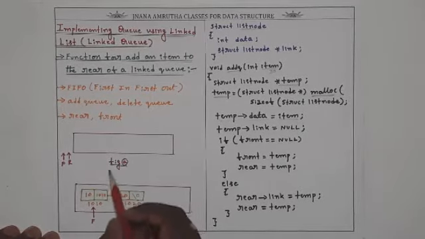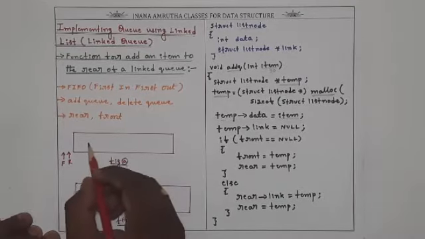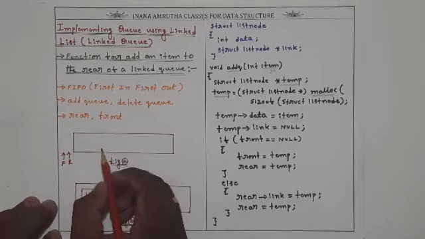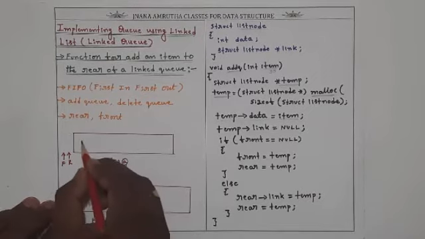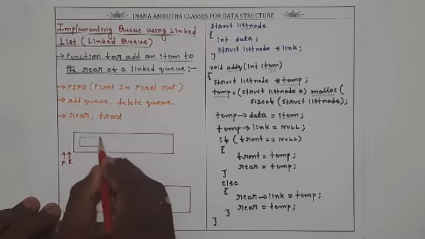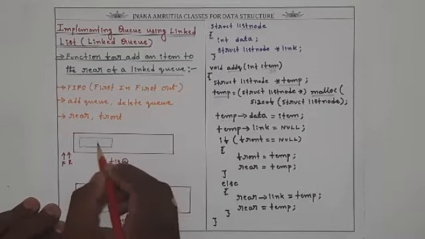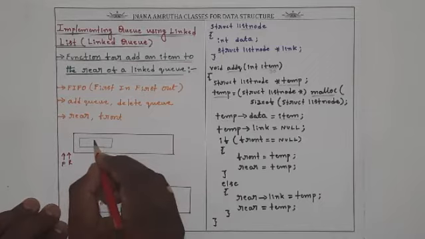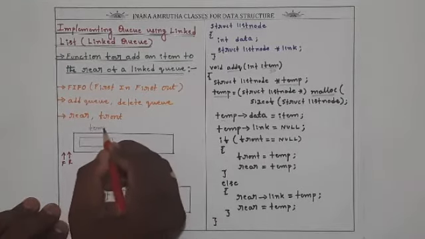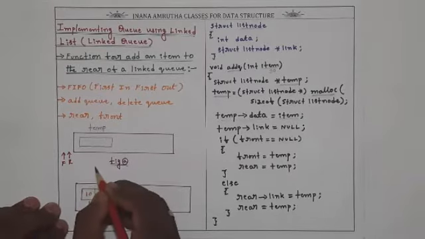Now, for example, we want to insert a new node into an empty queue. First we need to obtain the node by using the malloc function. By using malloc we obtain the node and its name is temporary node or temp node.